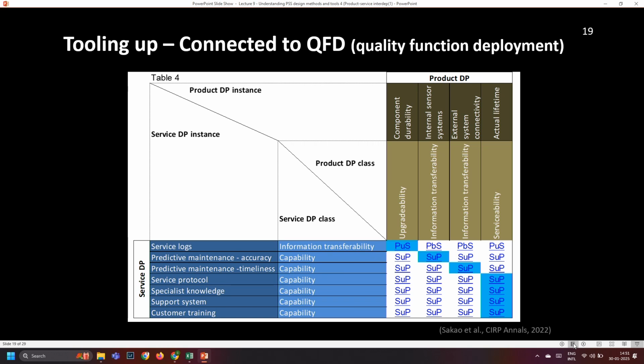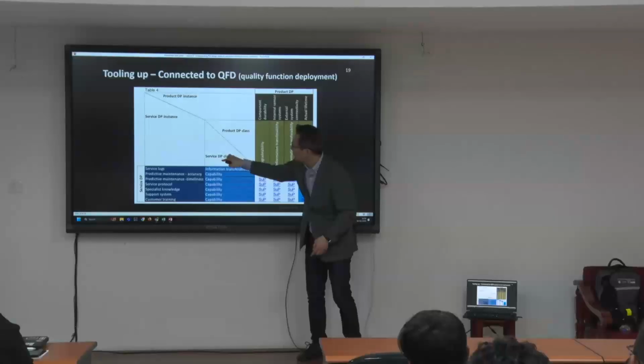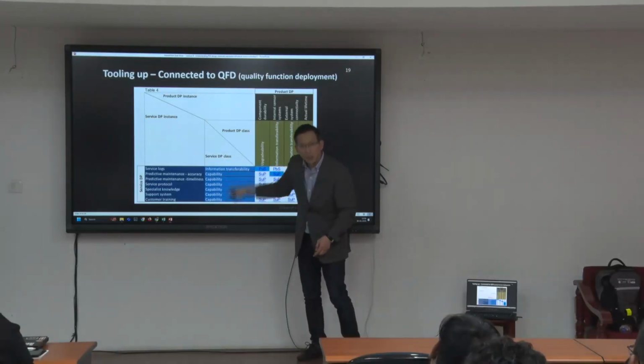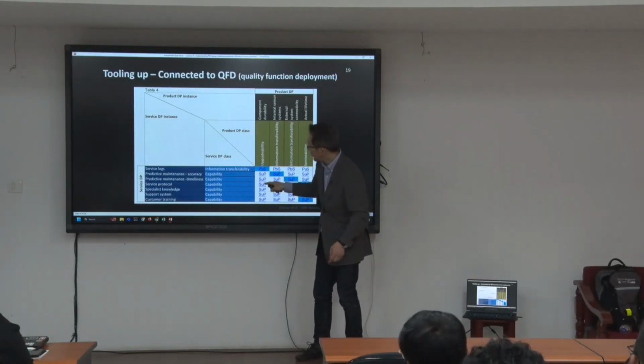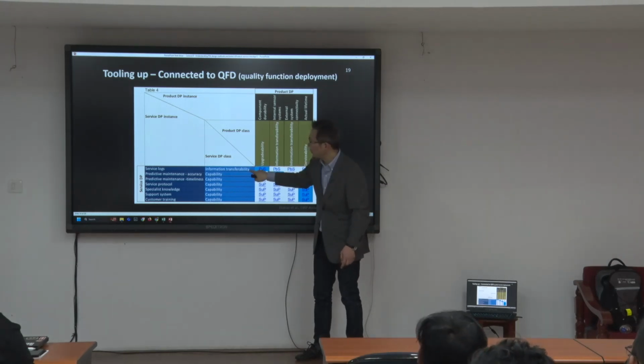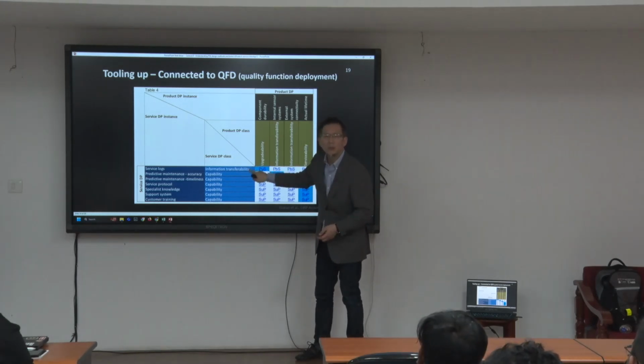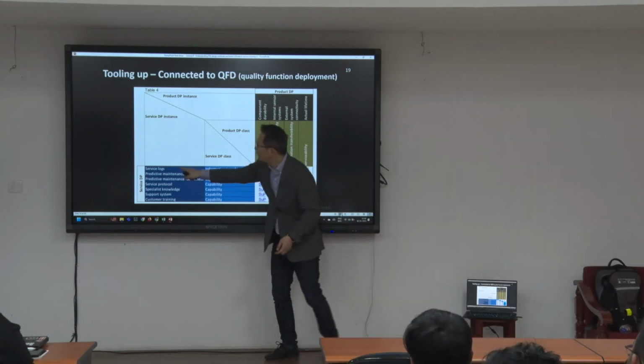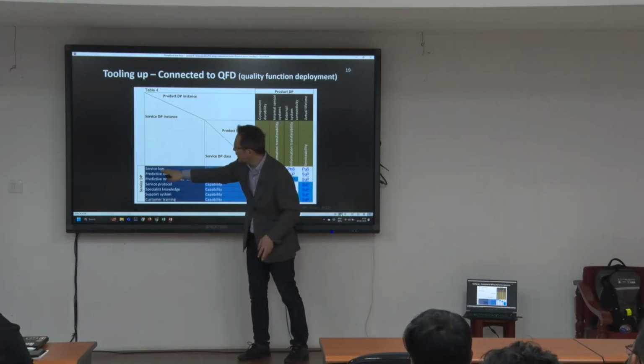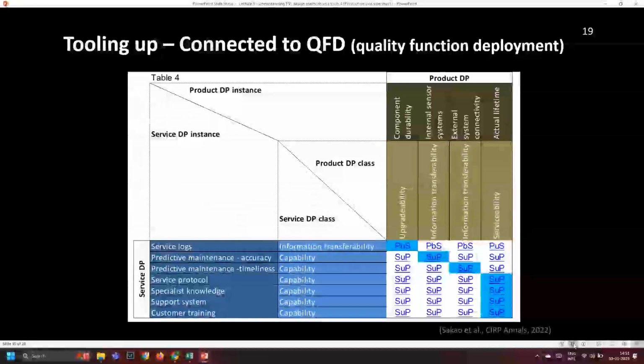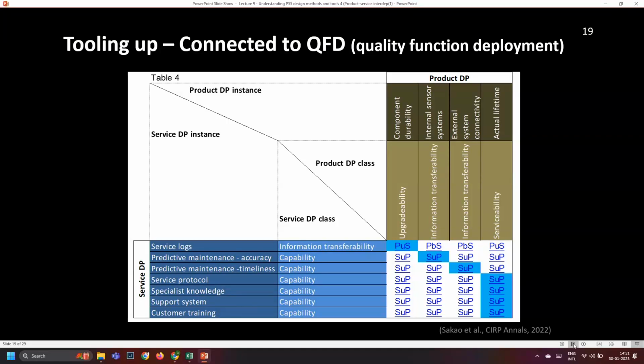And then moving to the next column, it's a description of the class. So what you should do, there are options, it's a pull-down menu. If you, for example, say service logs as one service design parameter instance of your PSS, then you should choose one class that is information transferability of the service.